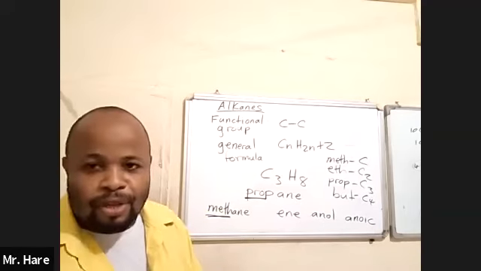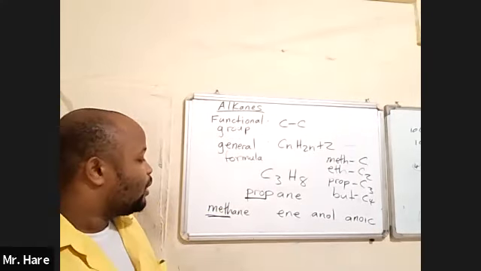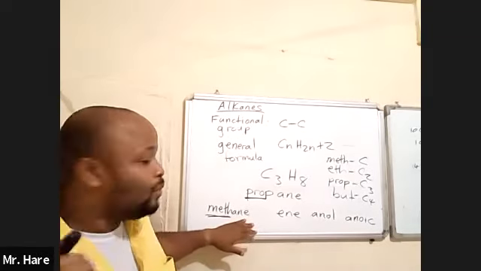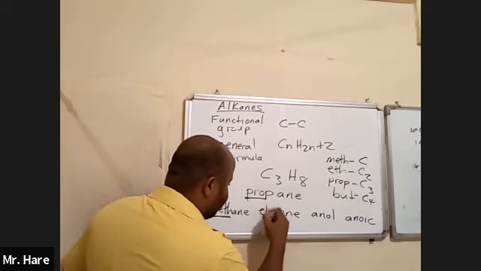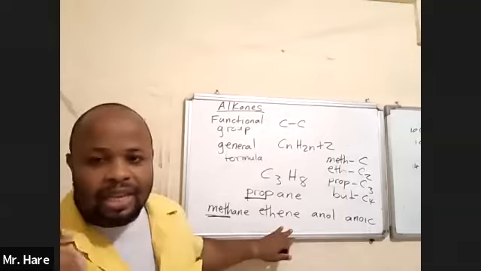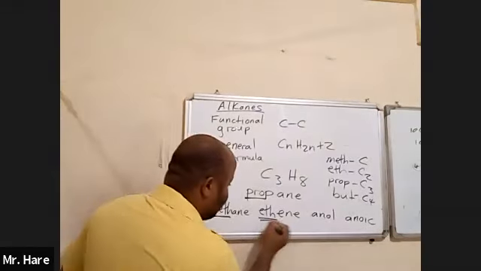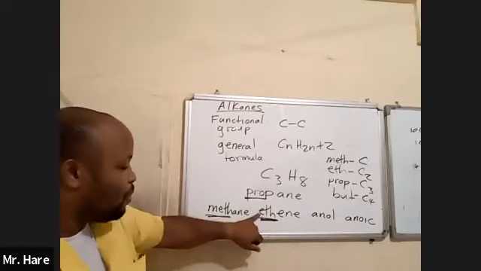The second part of the name tells you the homologous series. So once you hear methane, the ane tells you it's an alkane. If you hear ethene, it tells you it's an alkene with how many carbons? With 2 carbon atoms.